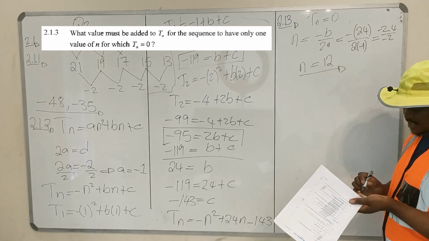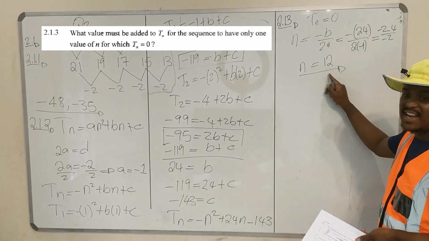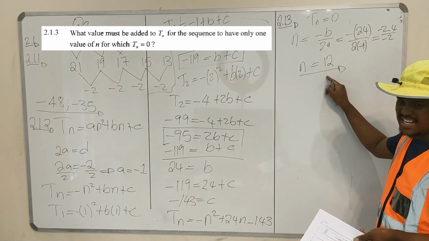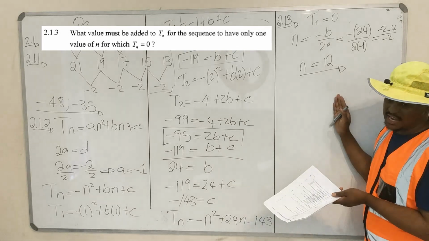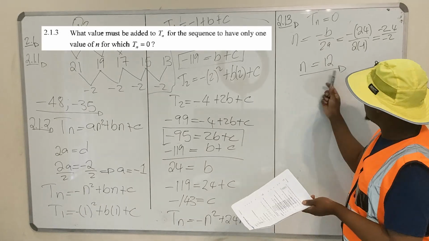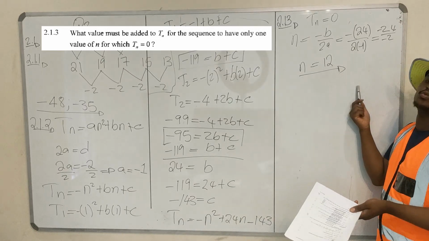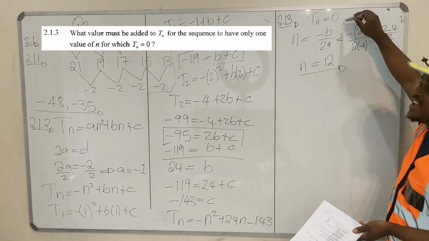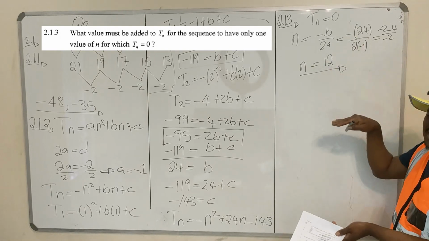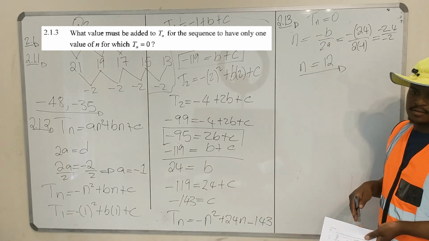So your biggest term of this sequence is at N equal to 12. It's the position of the biggest term. It's more like the x value where your function is turning. But you need to find the y value so that you know how to adjust the entire thing.